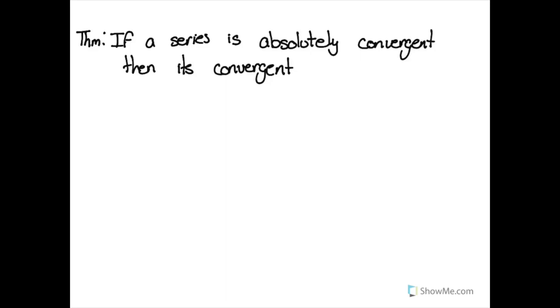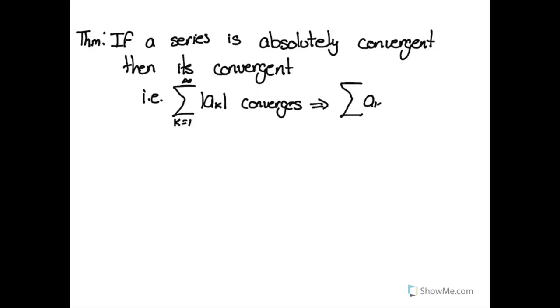If we unravel the definition of absolutely convergent, another way to write this would be: if the series of the absolute value of ak, k equals 1 to infinity, converges, then this implies that ak converges.